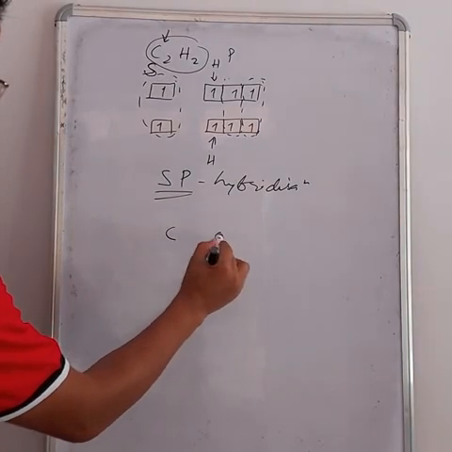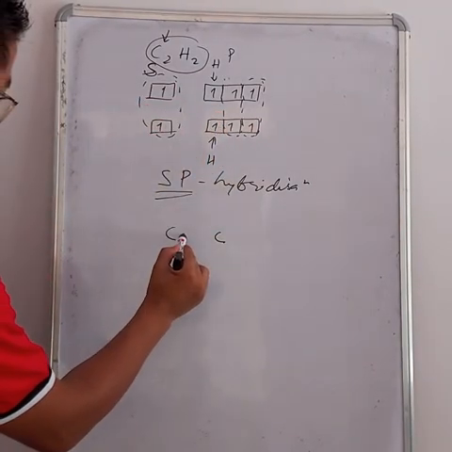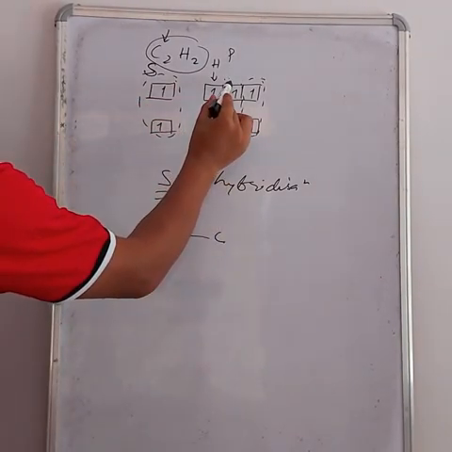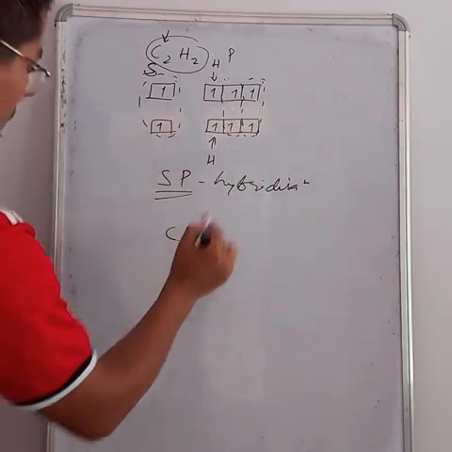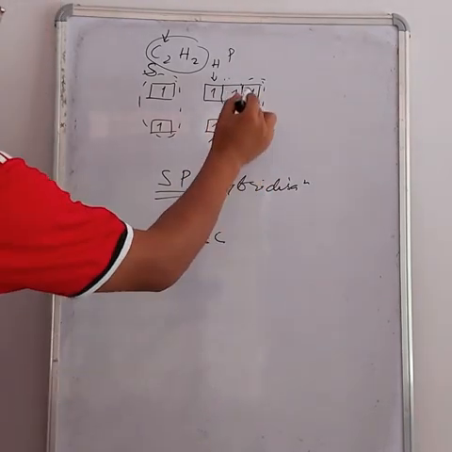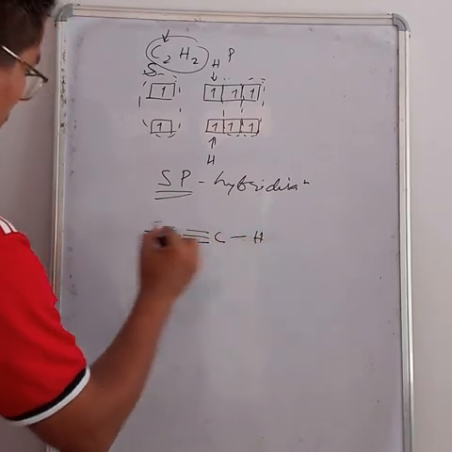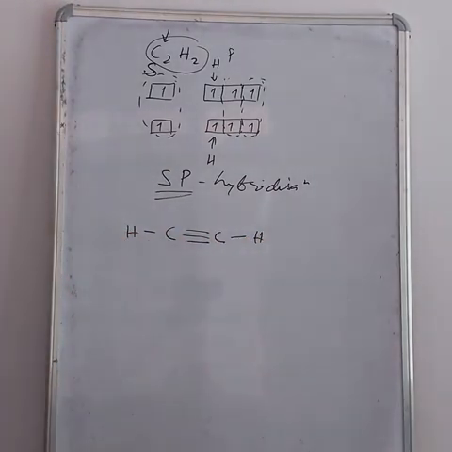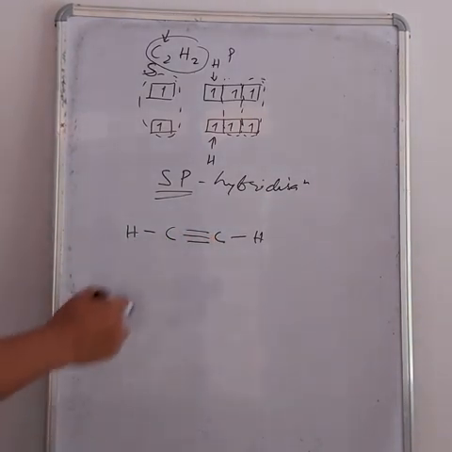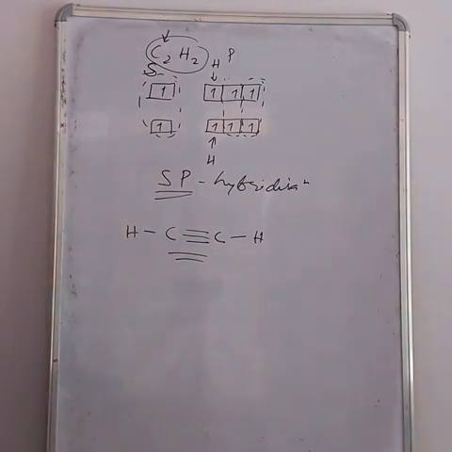There are two carbons, and then we have one sigma bond, and then we have two pi bonds, and then we have another two sigma bonds on each of the carbon with the hydrogen. So we have two pi bonds and one sigma bond. So this is how ethyne looks like. The hybridization is sp.